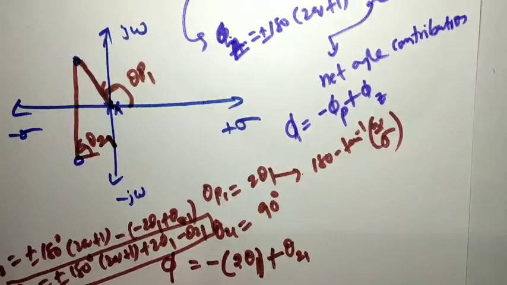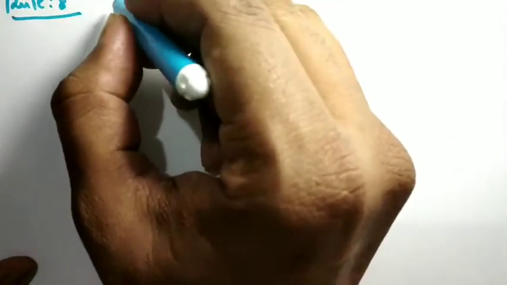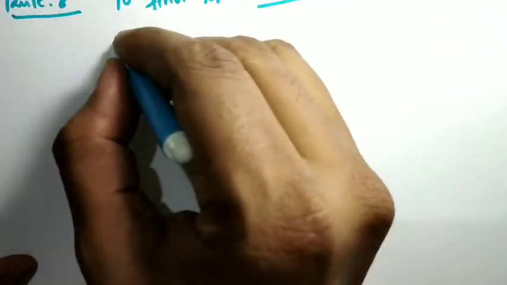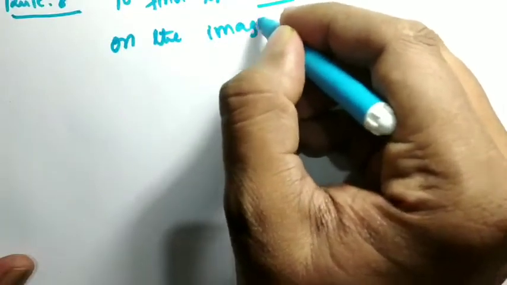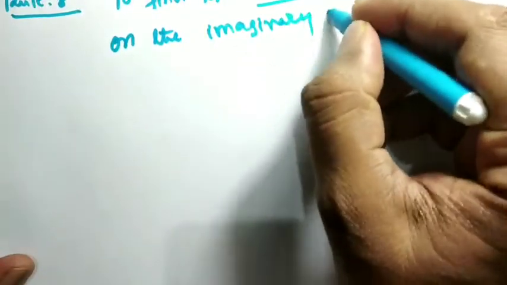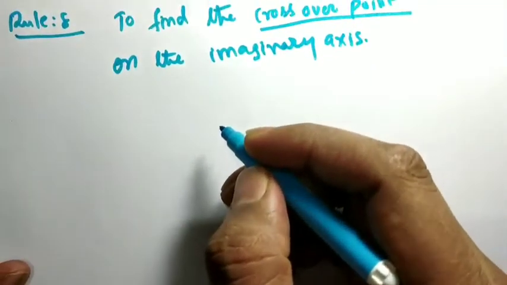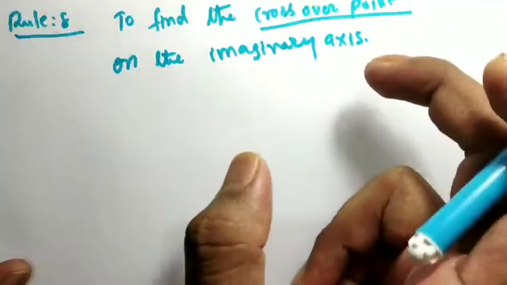So the next rule is 8, that is to find the crossover point on the imaginary axis.